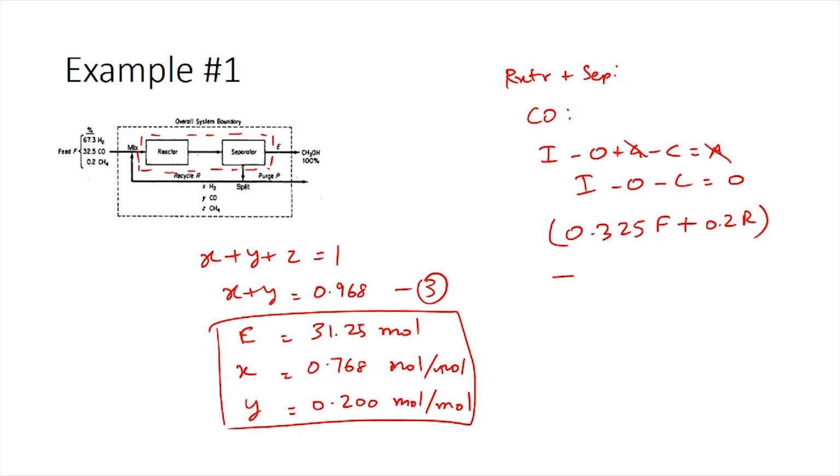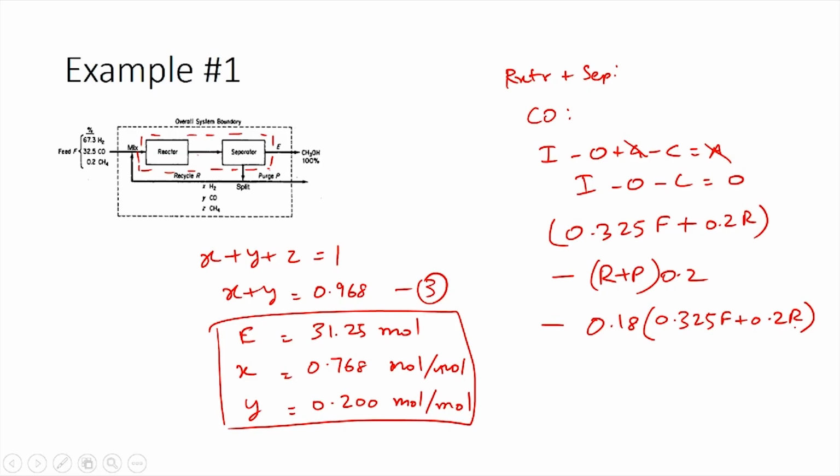So, the flow rate for this stream leaving the separator would be R plus P times Y, which is 0.2, and you have the consumption term, which would be 0.18 times the input, which is 0.325 F plus 0.2 R.